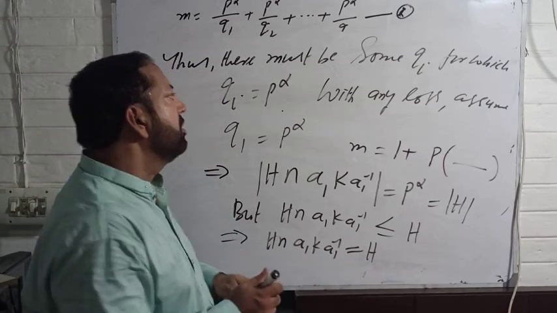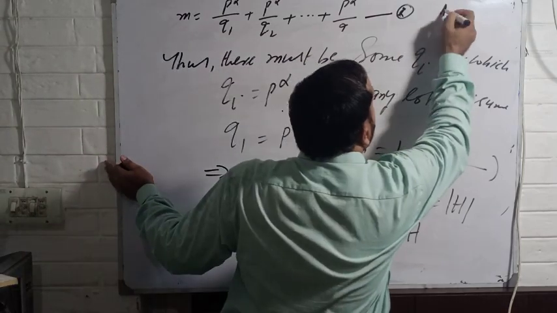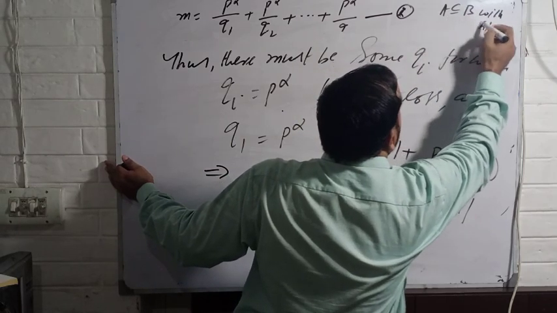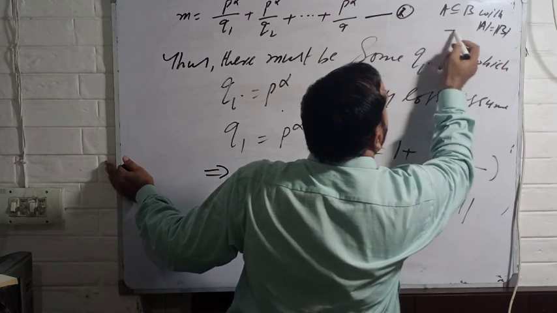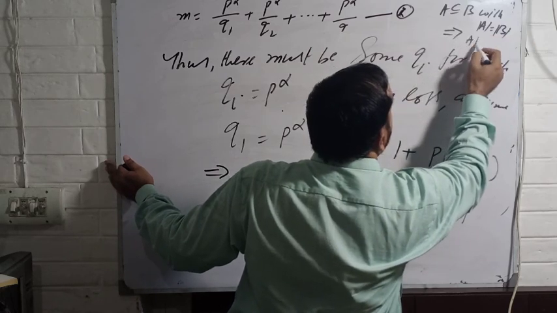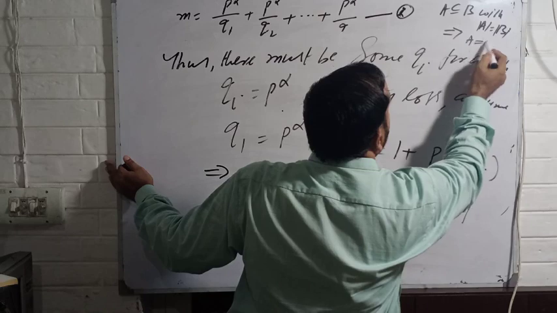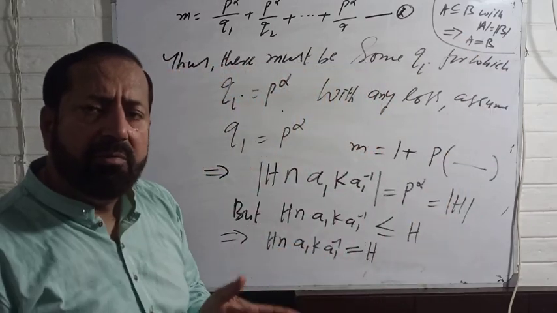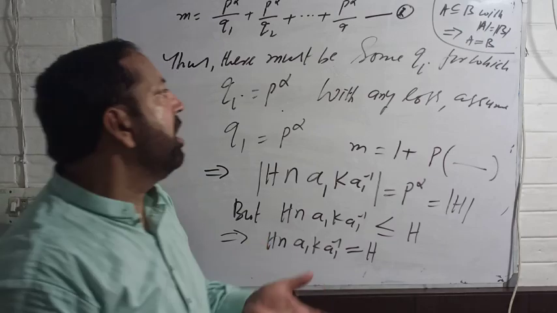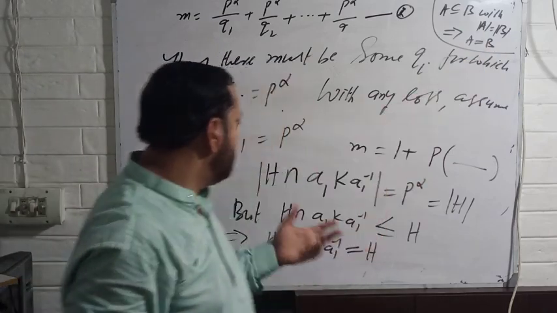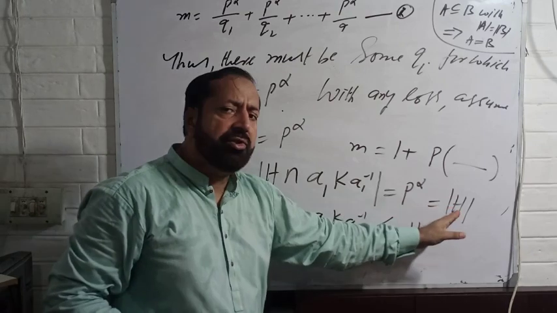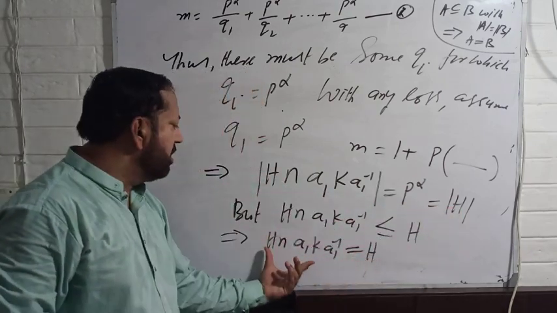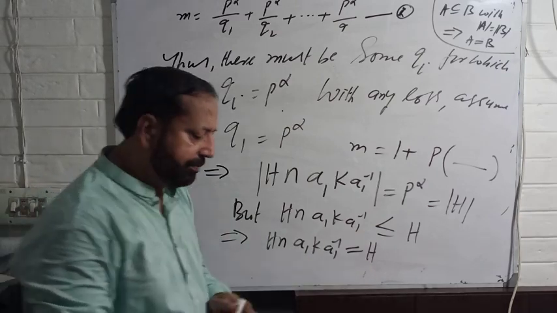You know that if A is a subset of B with the order of A equal to the order of B, then you have only one choice, that is A is equal to B. I am using the fact. Similarly, since this is a subgroup of H and its order is equal to the order of H, this must be equal to H.